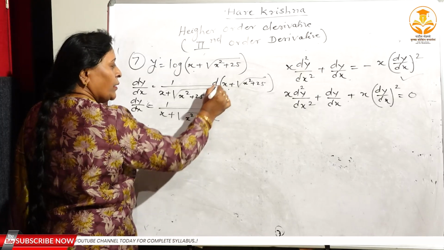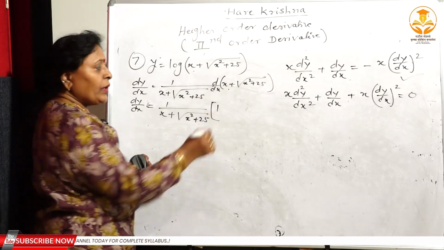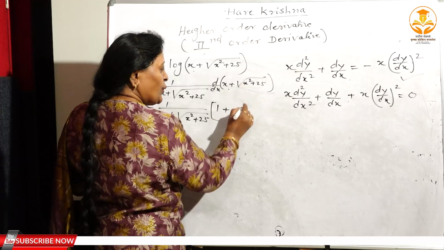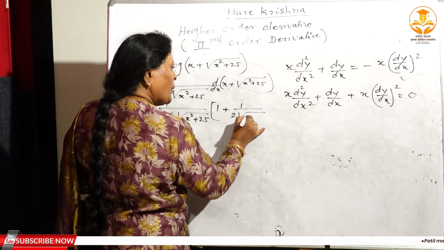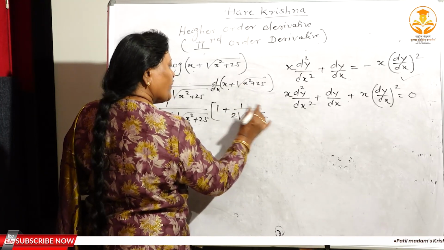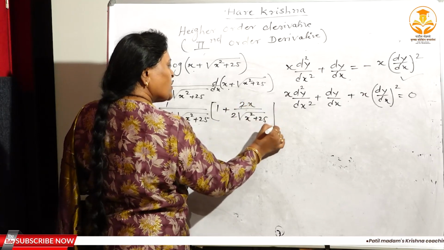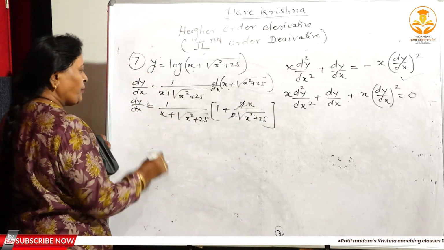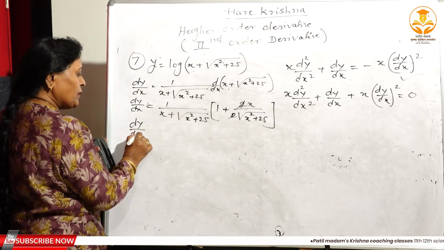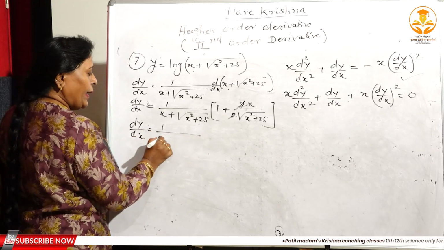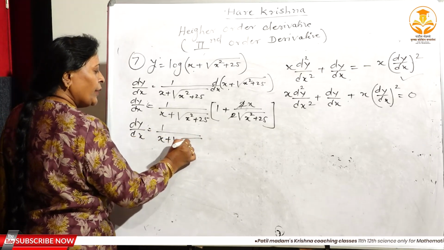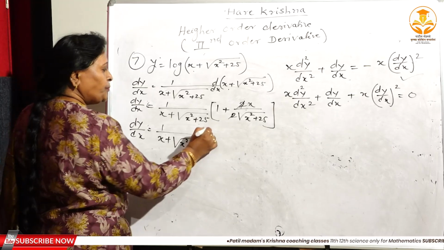Now, dy by dx is equal to 1 upon x plus root of x square plus 25. Here again, the derivative of x is 1, and the derivative of root u is 1 upon 2 root u, means 1 upon 2 root of x square plus 25. The derivative of x square is 2x. 2 gets cancelled. Right? Again, dy by dx is 1 upon x plus root of x square plus 25.